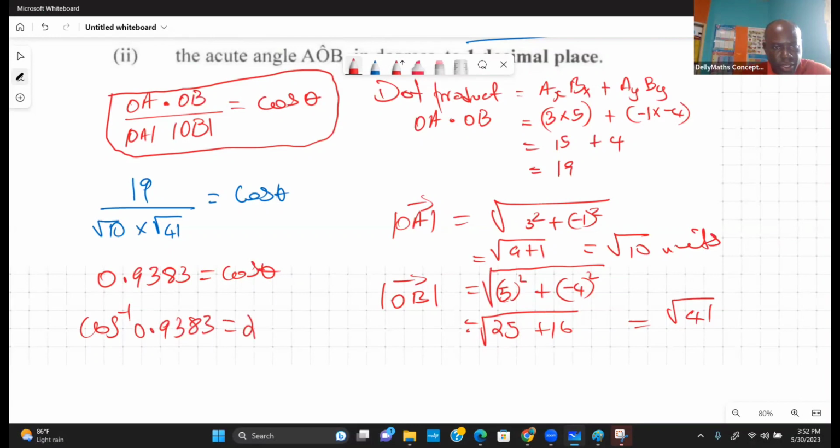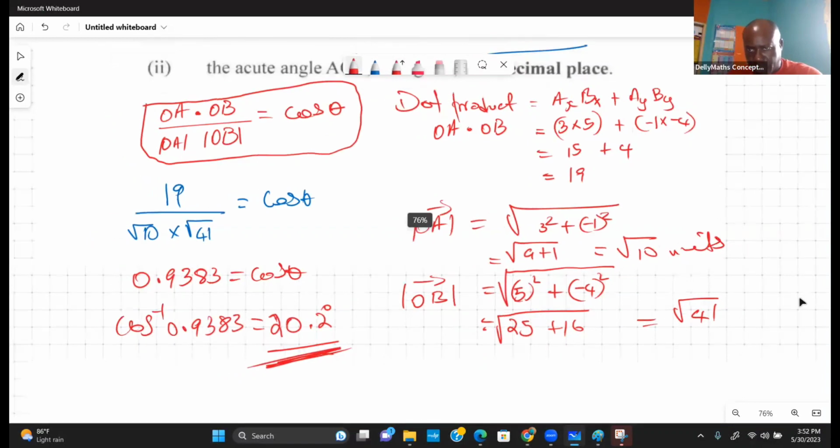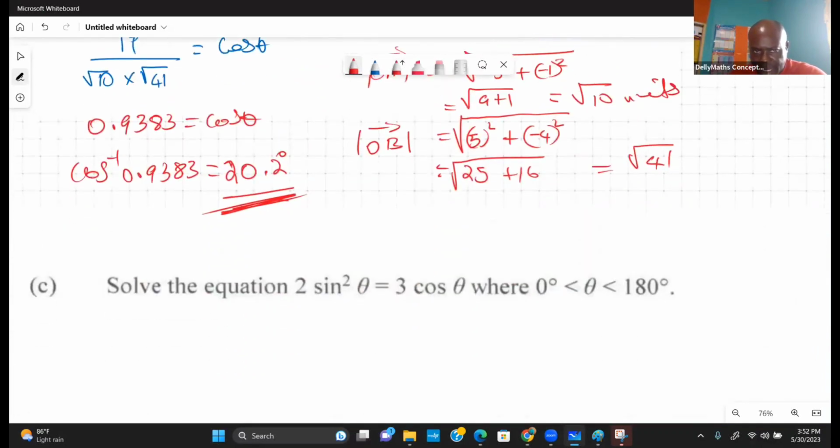And the angle is 20.2 degrees to 1 dp, because it did say to 1 decimal place. So that's the angle between them right there. So the angle between is 20.2 degrees. All right, let's go.